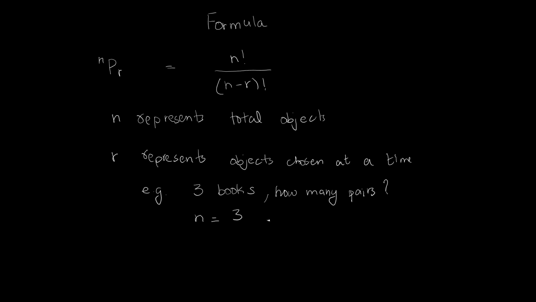That means n equals 3 and r means objects chosen at a time, which is 2. And therefore, the total number of pairs would be 3 factorial over 1 factorial, which equals 6.